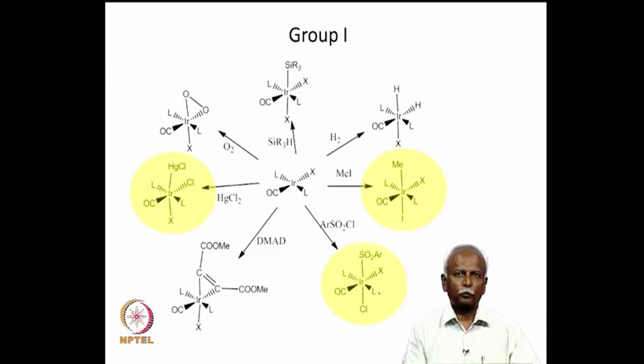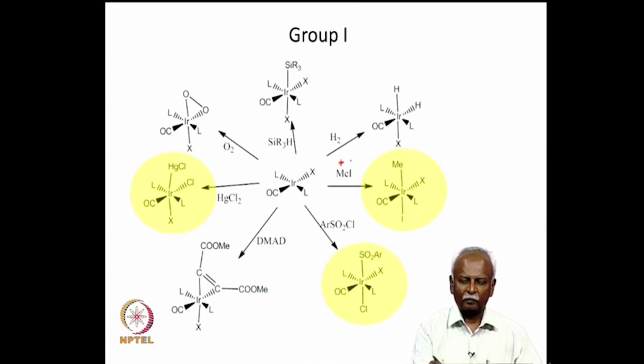The first group could be polarized into plus and minus parts, so methyl iodide could be marked as Me+ I-, and HCl can be written as H+ and Cl-.